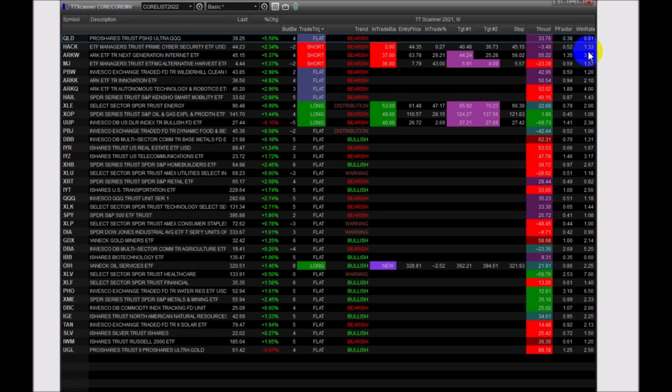And then we have a win rate of 1.33, much smaller than this 2.25, almost half the size. So this one gives us an opportunity, but because the profit factor and the win rate are smaller, we should be trading a very small position compared to this one, maybe at 20-30% allocation, whereas this one hypothetically would be 60-70% allocation.